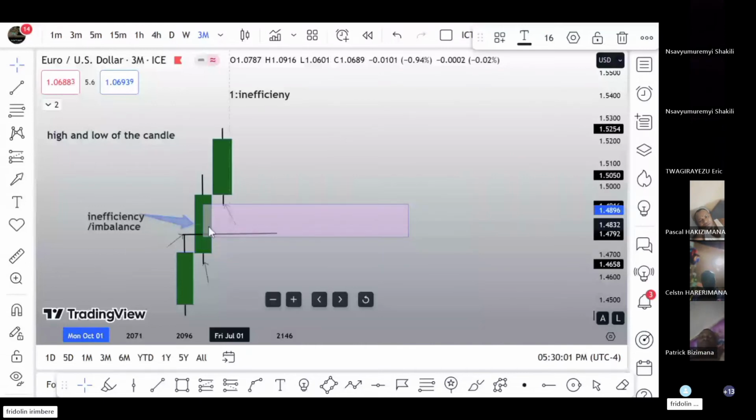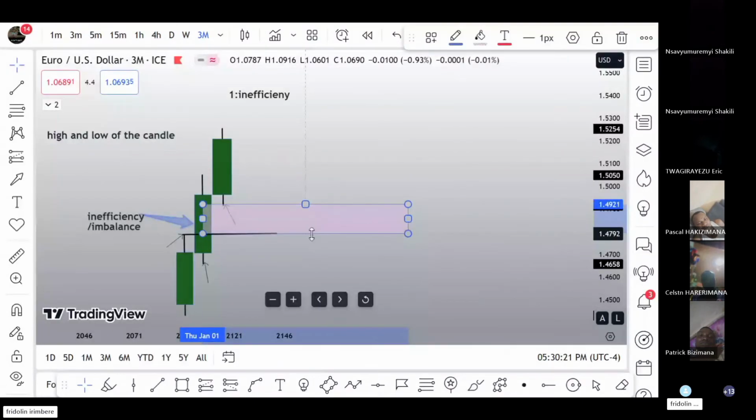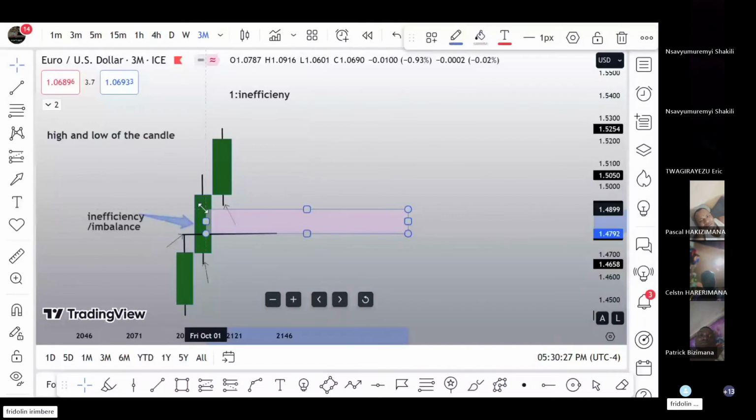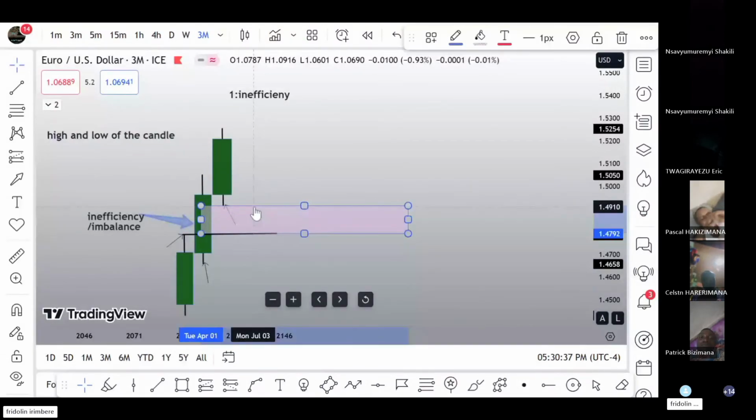Uko bizagenda kose price izayigarukako yuzuze, kuko ni icyo bita imbalance, kandi nayo price ntabwo igenda ari imbalance, kuko ukurikiye history ya imbalance uko iba yabaye created, it means that there are some orders which has been unfilled. Bivuze ko mu Kirundi abari ni orders ziba zasigaye ziri unfilled.